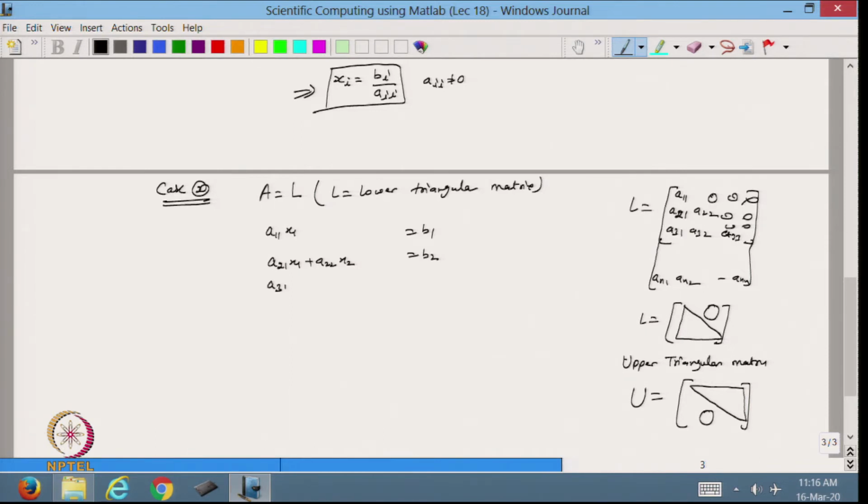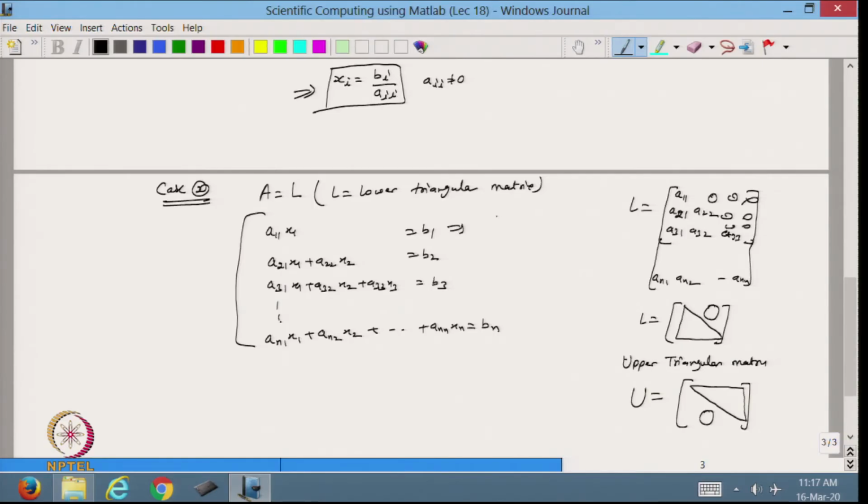Next will be A31 x1 plus A32 x2 plus A33 x3 is equal to B3. The same way we can write the last, nth equation: An1 x1, An2 x2, and in the last Ann xn, and that will be Bn. So, this way we can write this system.